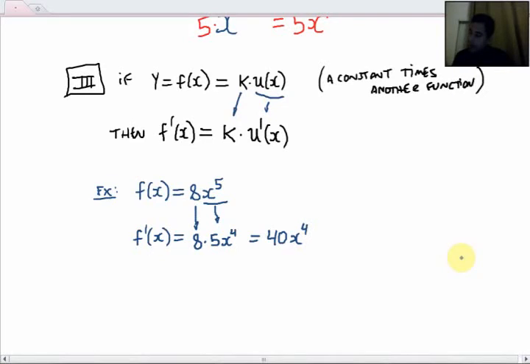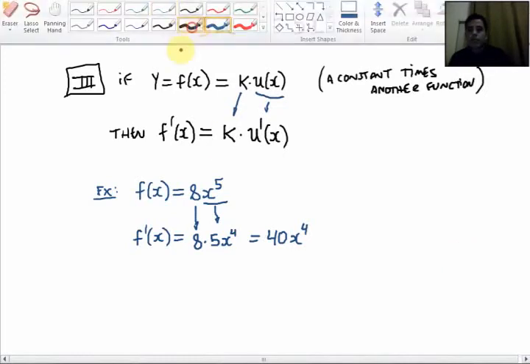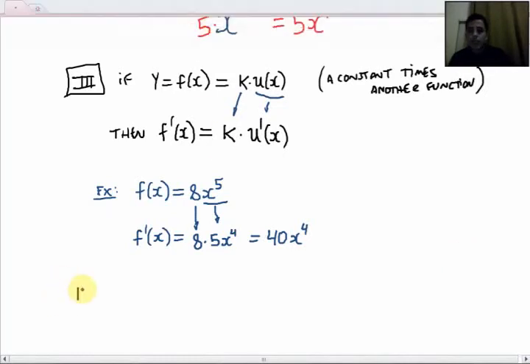And then you can do combinations, which is the next formula. You can do combinations of these.